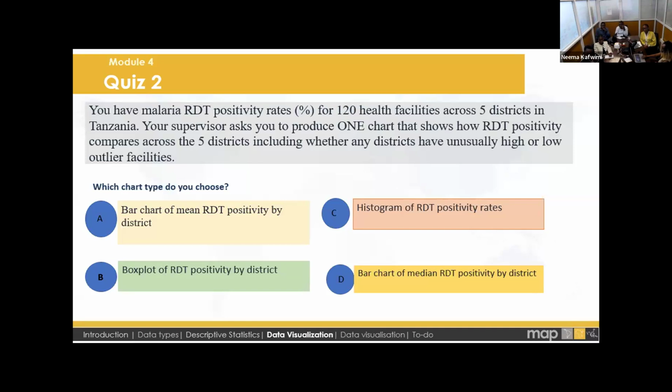A, a bar chart of mean RDT positivity by district? B, a box plot of RDT positivity by district? C, a histogram? Or D, a bar chart of median RDT positivity by district? You can note that A and D are both bar charts, but one is by mean and the other is by median. So which chart type do you choose? Feel free to also paste your responses in the chat.